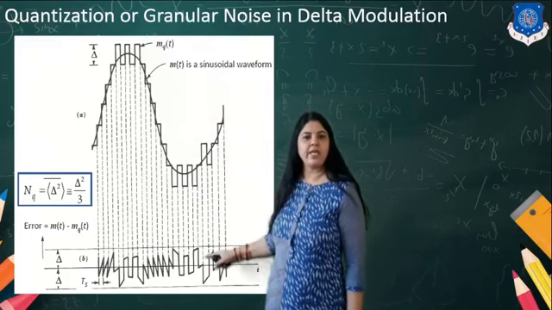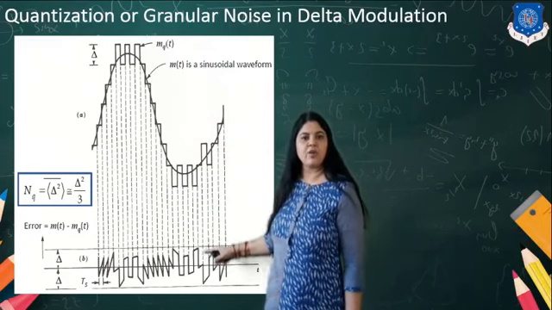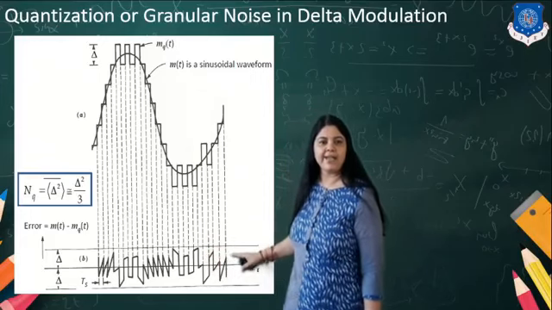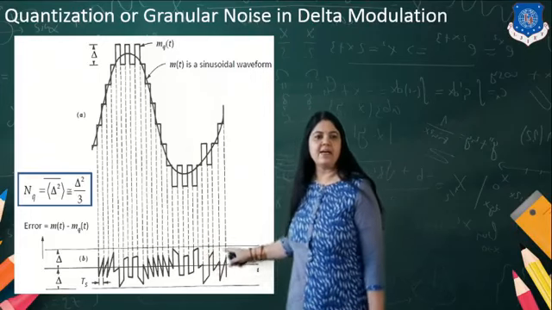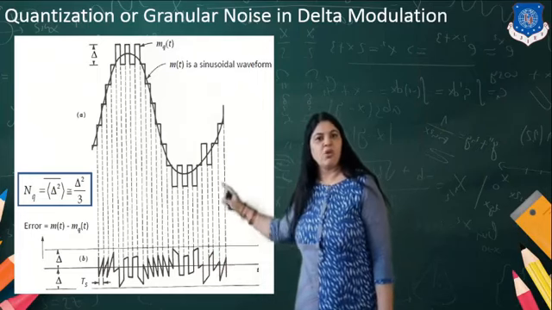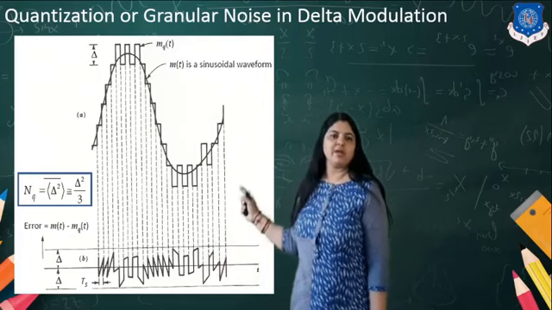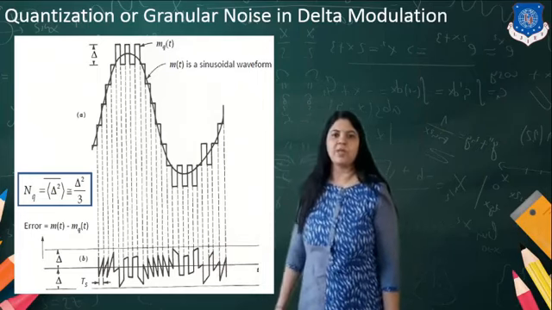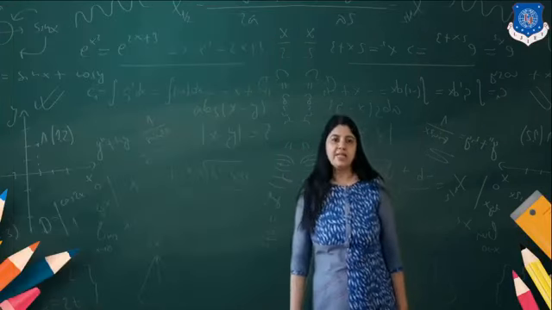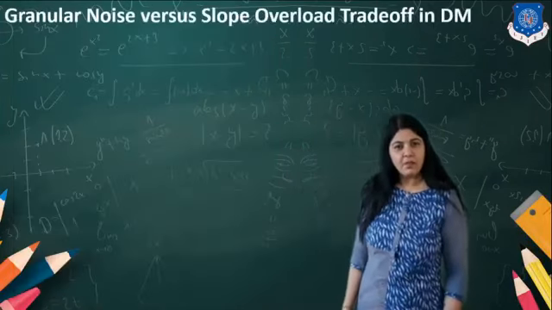And you can see over here how we get the output waveform according to the delta value. This way the quantization or granular noise is also present in delta modulation.